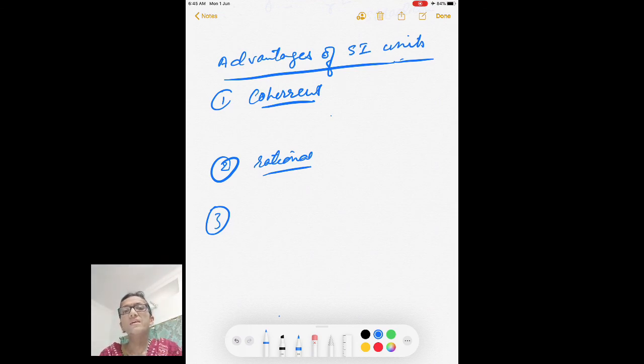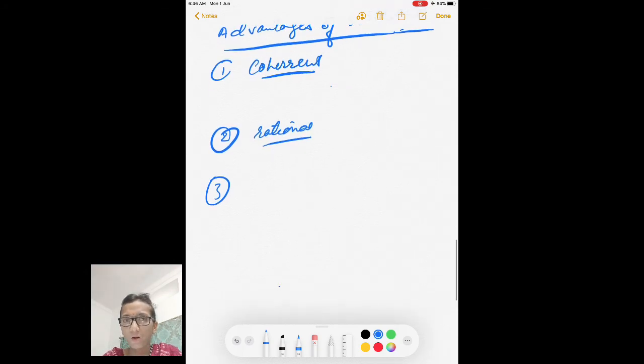It is very advantageous. The first one is that it is coherent. Yes, every derived unit can be easily obtained by multiplying or dividing certain sets of basic units. Like you can find very easily the unit of volume, unit of area, unit of force by multiplying or dividing certain sets of basic units.